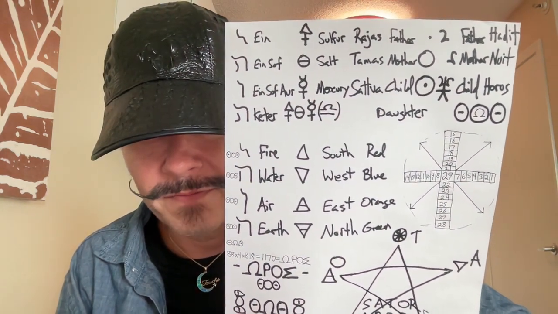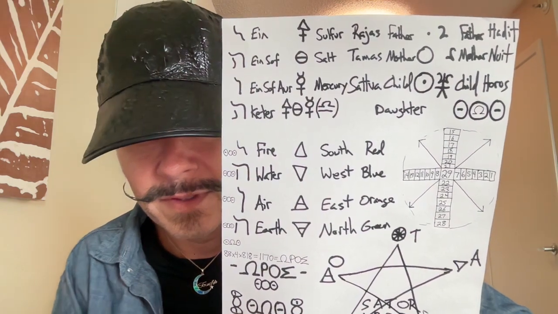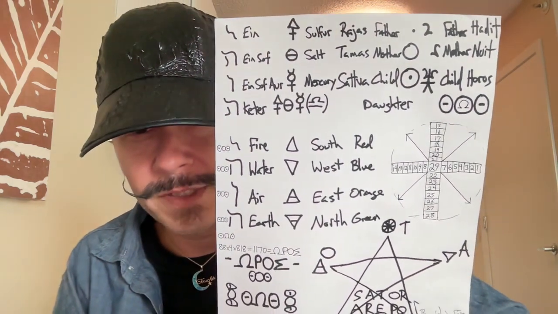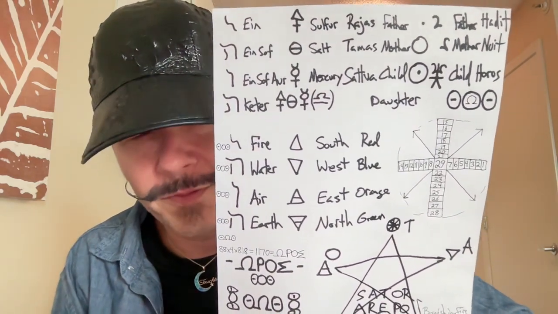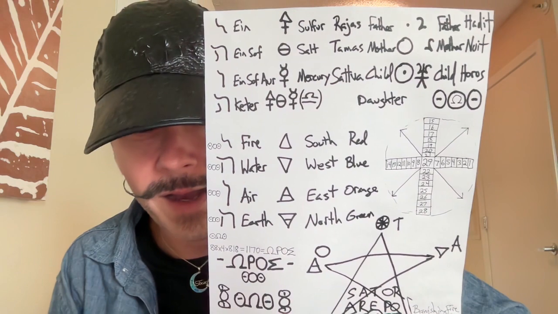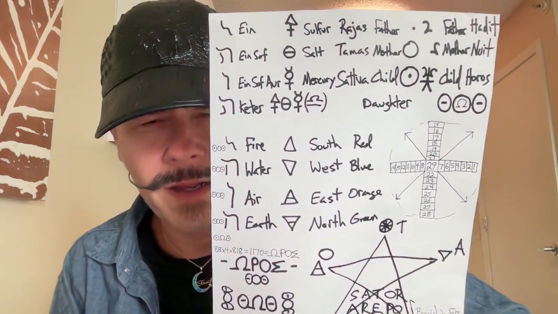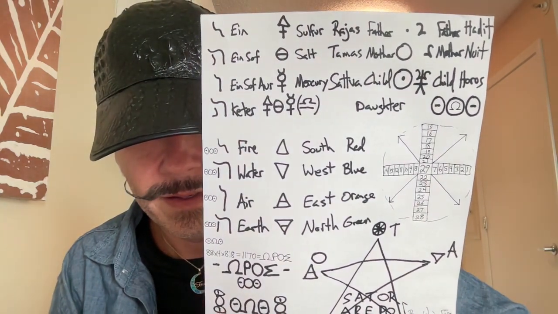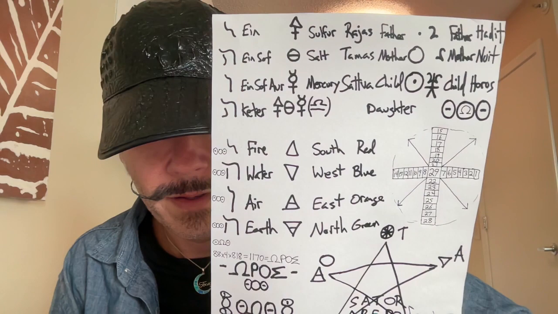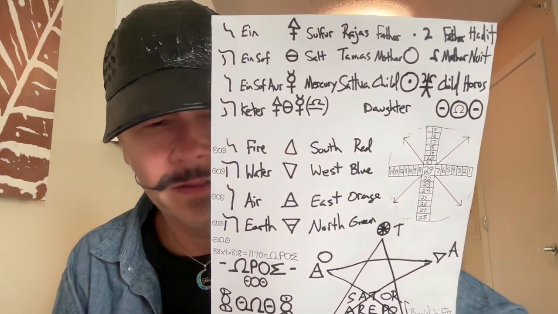And then you have the numbers 3 through 6 as Rajas, Sephiroth 3 through 6: Binah, Chesed, Geburah, and Tiphareth. You are in the Rajas phase.